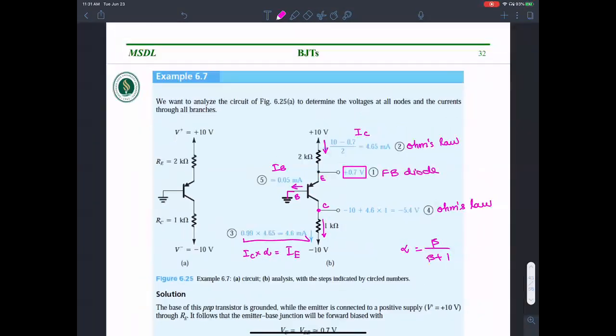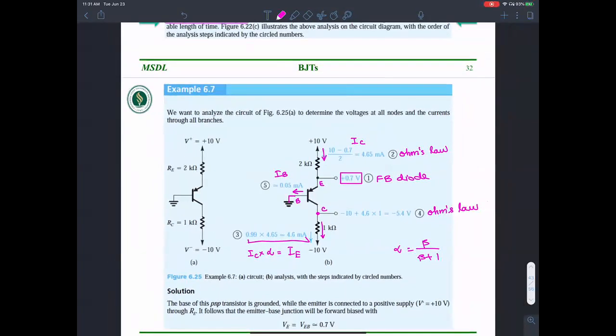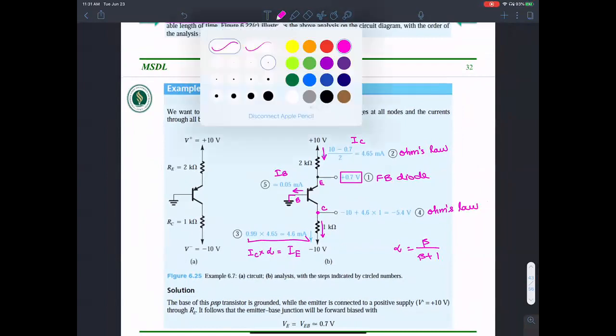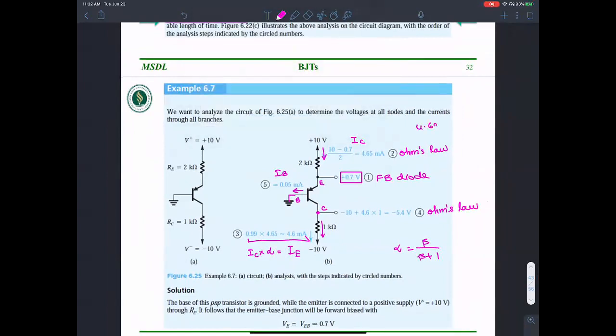The collector current IC is 4.6 milliamperes. Divide that by 100, you get roughly 0.05 milliamperes. IB is IC over beta. So those are the steps that we are using here, one by one.